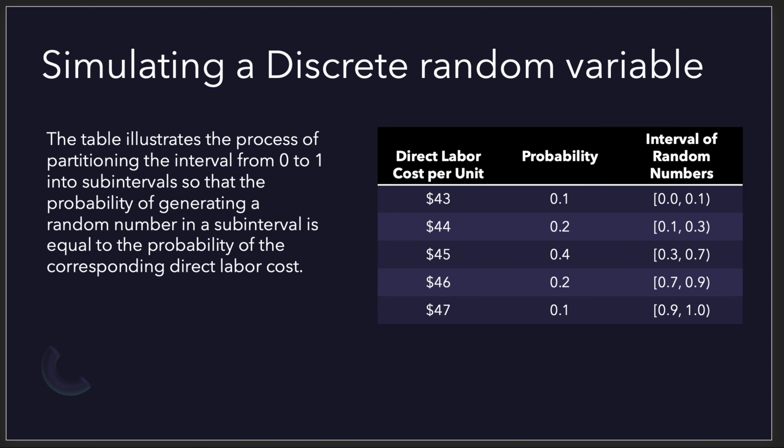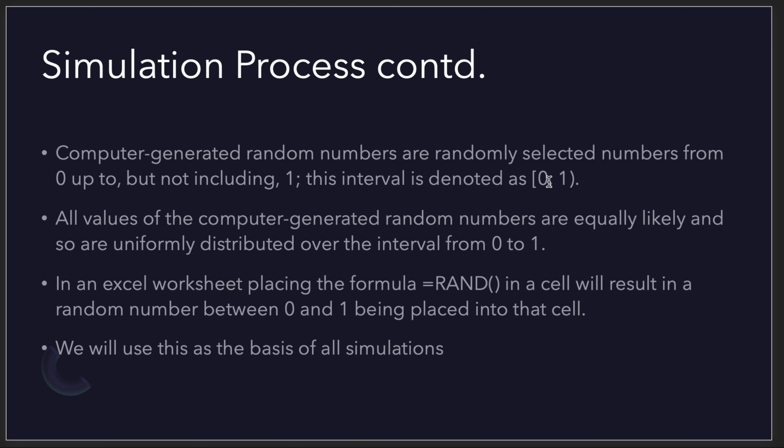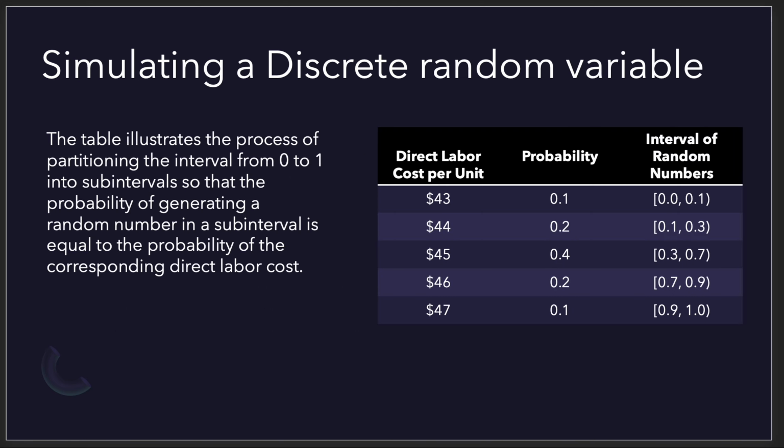So what we do is we take these numbers between 0 and 1 that we generate, and then we divide all numbers between 0 and 1 into intervals. Intervals between 0 and 0.1, then 0.1 to 0.3, then 0.3 to 0.7, 0.7 to 0.9, then 0.9 to 1. The way we do it is that the length of these intervals is exactly equal to the probability.